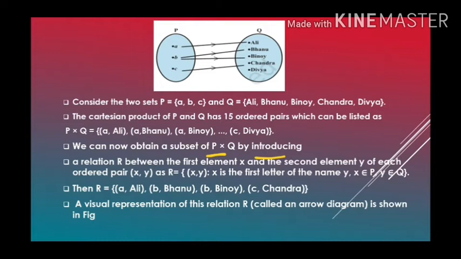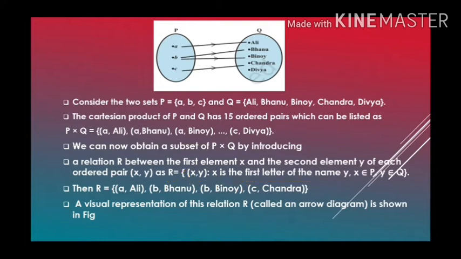You can use a relation R between the first element X and the second element Y. You have to define a relation between the first element X and the second element Y so that you can form a subset of P cross Q. Suppose you are taking a relation R containing those ordered pairs where the first element X is the first letter of the name Y.